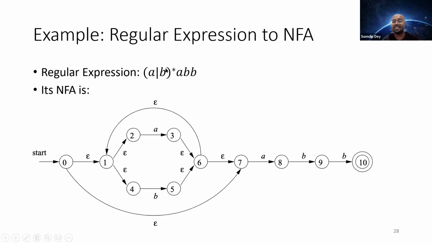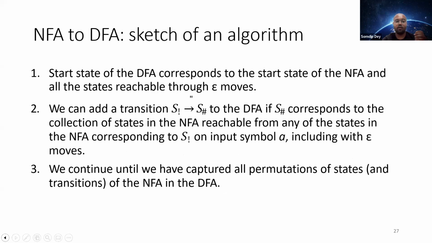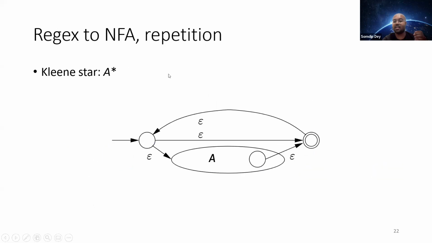Because it's a star, we go back from 6 to the previous state 1, because then it will remain A or B. So this is based on the formula of the Kleene star that we have shown.